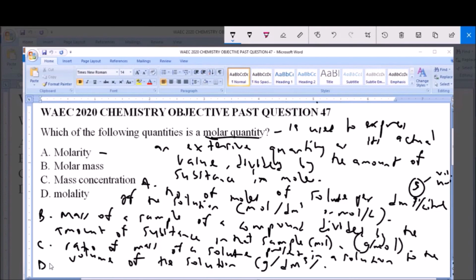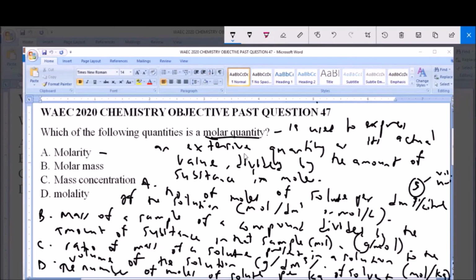And then option D, molality, is the number of moles of solute per kilogram of solvent, and that is measured in moles per kg.